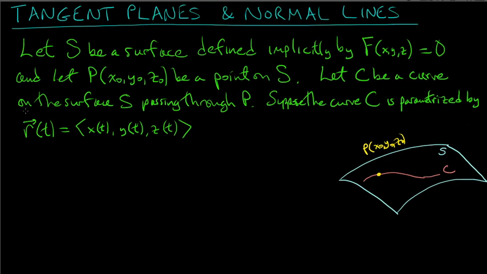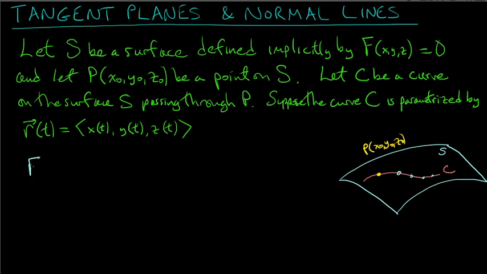And the curve is given parametrically, as a function of t. So I can represent any other point on the curve in terms of t. All these points here can be represented on the curve in terms of t.